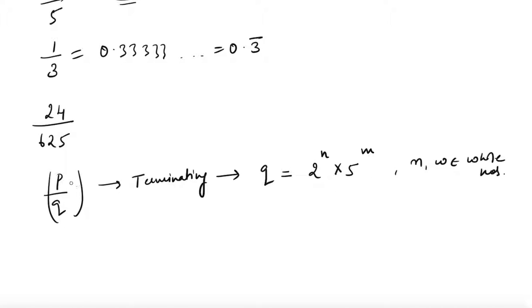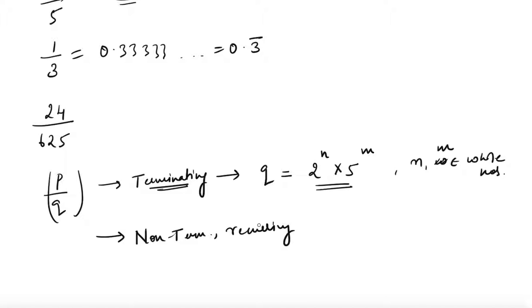A number p by q can only be terminating when the denominator q can be represented in that form, only this. If q has any other factor other than this, then it will be non-terminating and recurring.